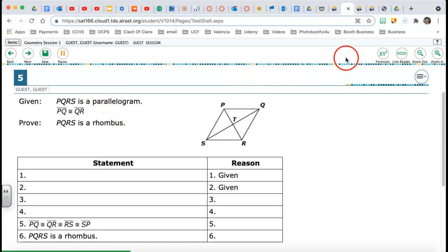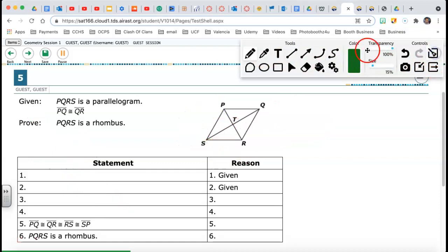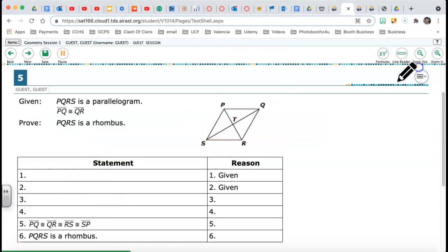When this is a parallelogram, and let me get a pen right now, this is nice, by the way. So this is a parallelogram. That means the top and the bottom are congruent, and the left and the right are congruent. That's from my parallelogram. But then they say PQ is congruent to QR. Oh, they're saying that the top and the right are congruent.